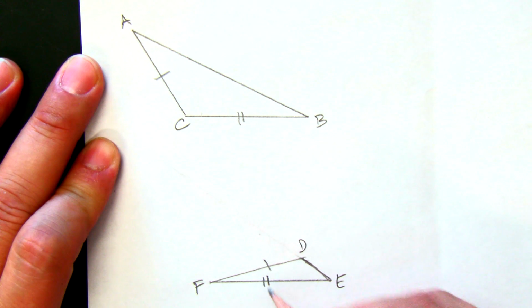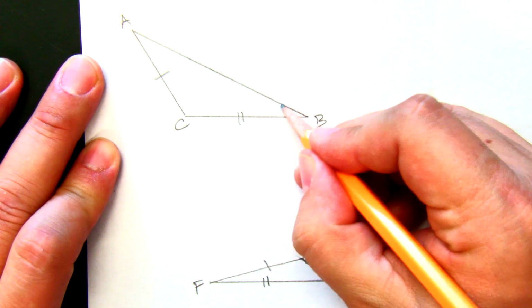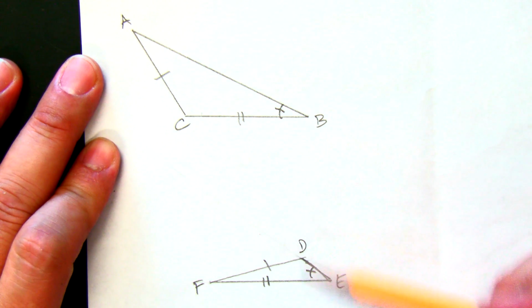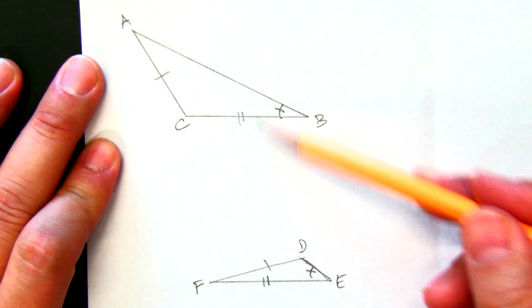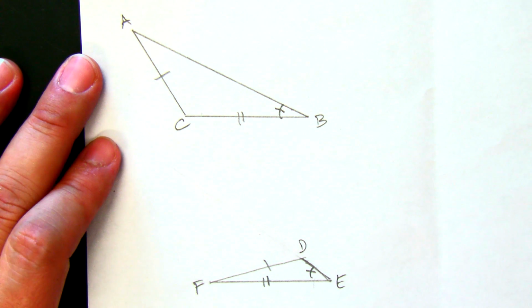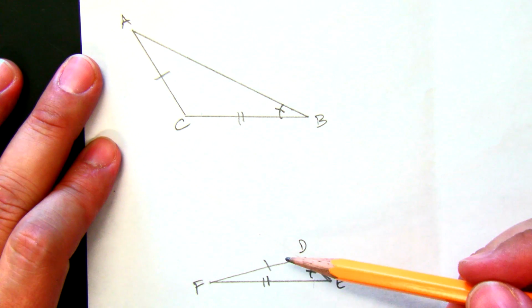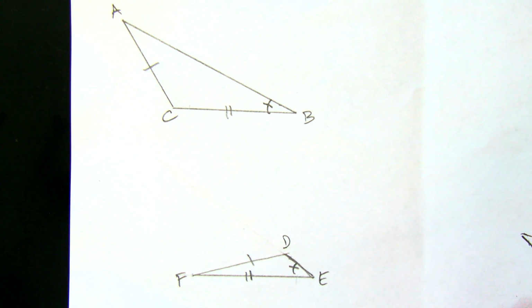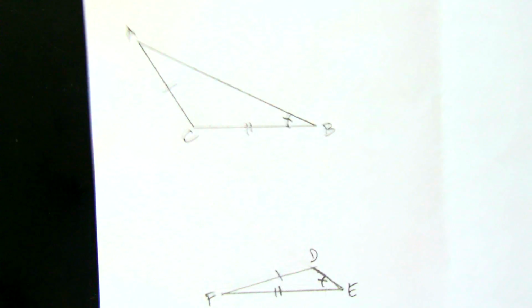BC and EF are the same length, so they're congruent. And angle B is congruent to angle E. So I have side, side, angle. Those two pairs of sides are congruent, the angles are congruent, but it's pretty clear that these triangles are not congruent. So SSA does not work.